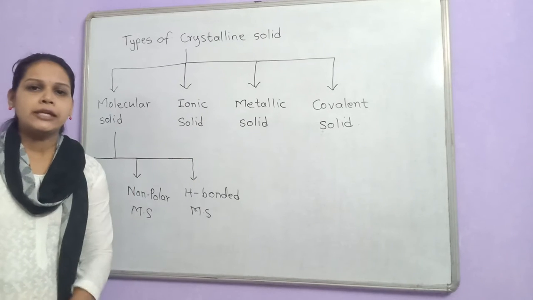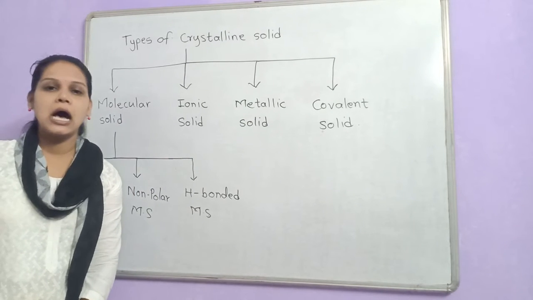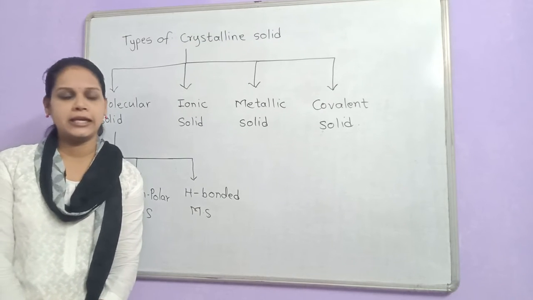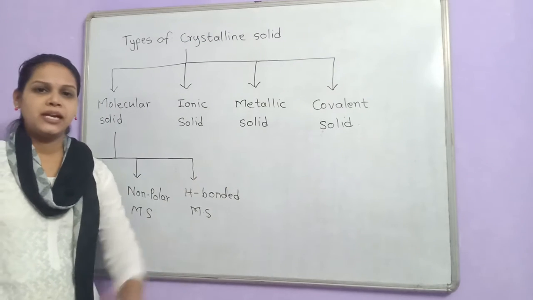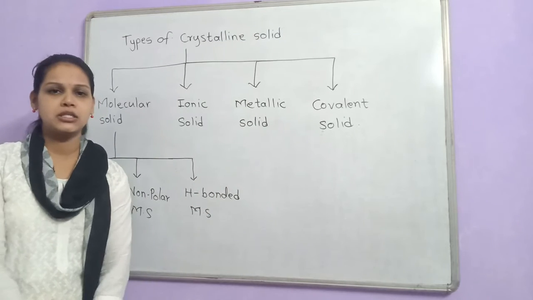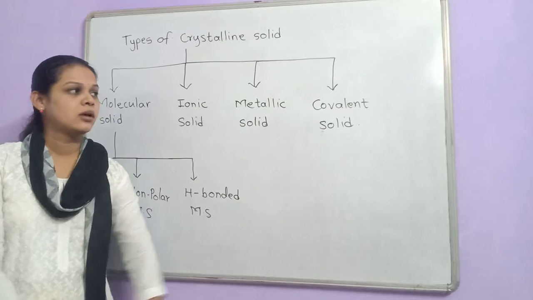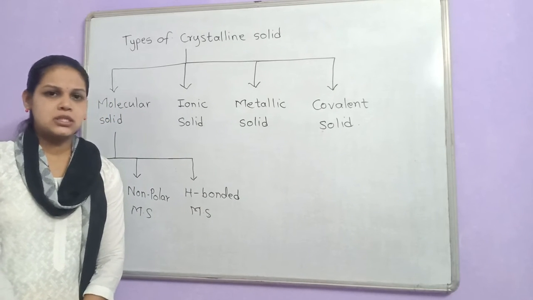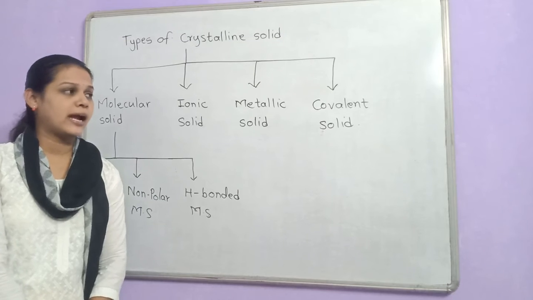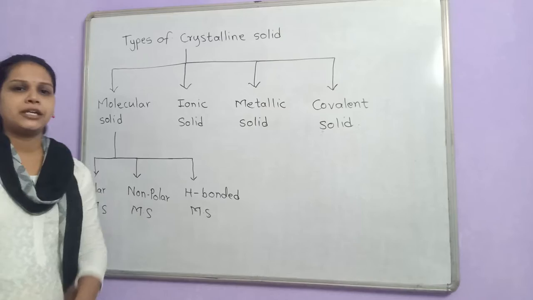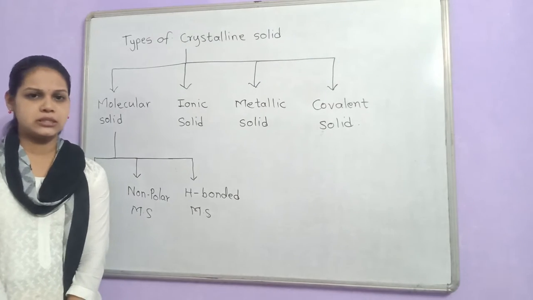In ionic solids, the constituent particles are ions of the solid; there may be anions and cations, both. In metallic solids, atoms of metals are the constituent particles. And in covalent solids, atoms are the constituent particles. Now, we will study molecular solids first.